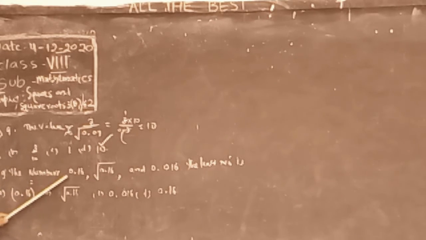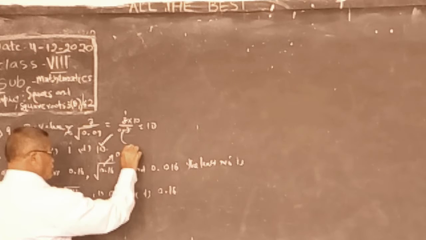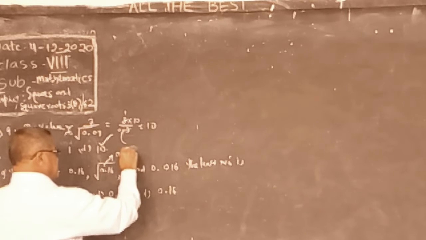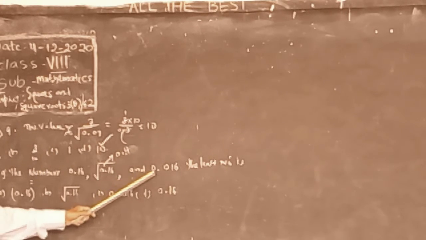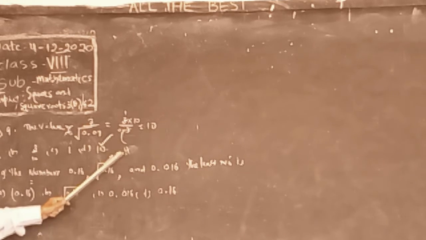Here only 0.16. Its square root is 0.4, 0.04. 2 digits are there, only 1 digit, 0.4. And this is 0.016. 3 places are there. Here only 1 place.